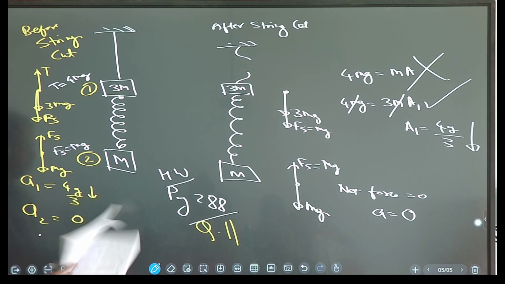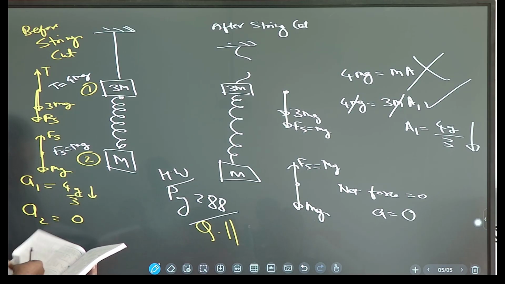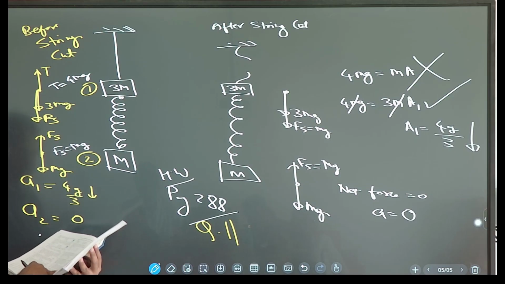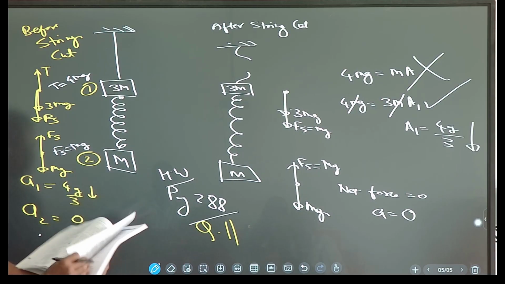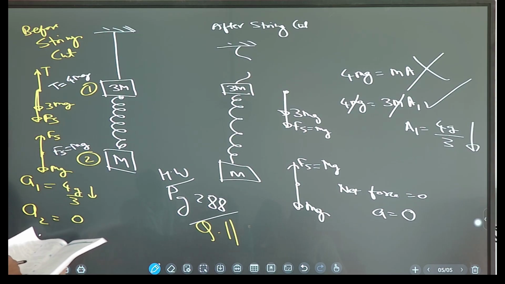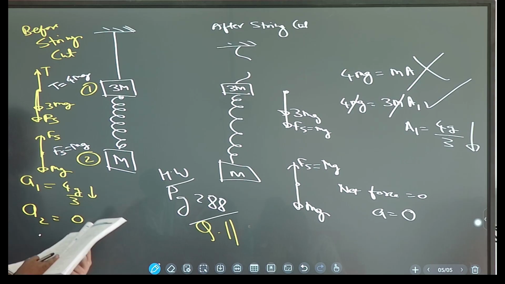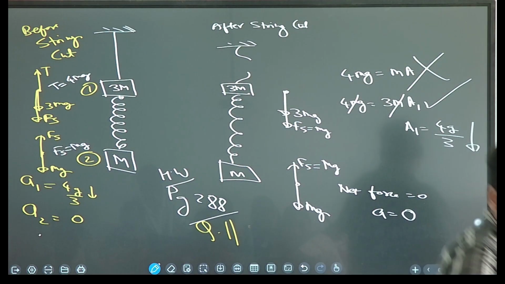This is a PYQ. Any more questions? No, no other question. No problem. Okay, we'll continue. That's it. Okay, only one question is there.